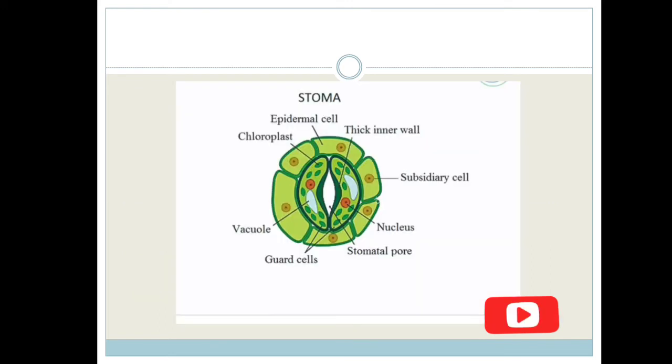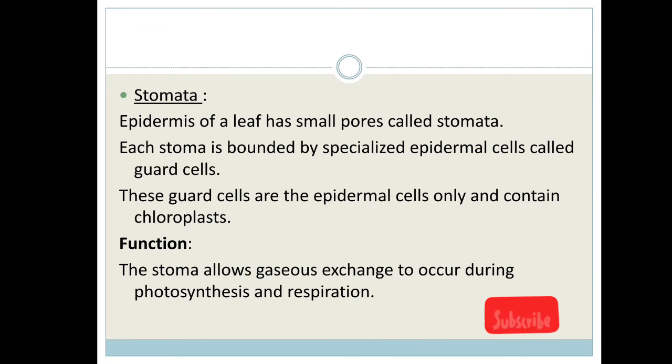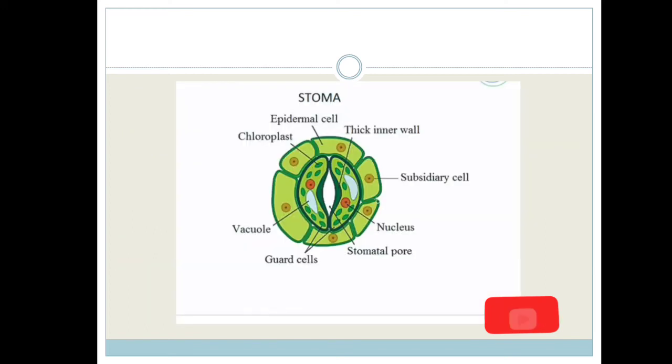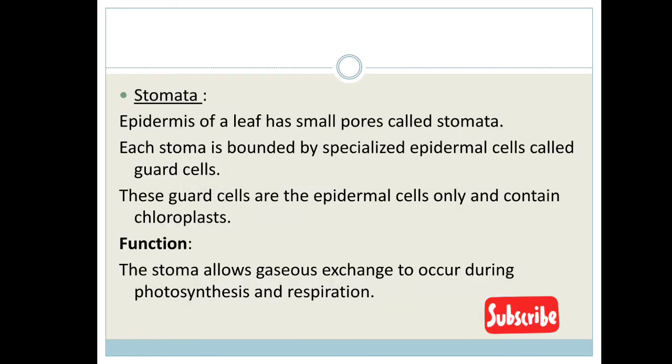You can see here in the picture the guard cells. These guard cells are epidermal cells only, and they contain chloroplasts. The main function of the stoma is that it allows gaseous exchange to occur during photosynthesis and also during respiration.